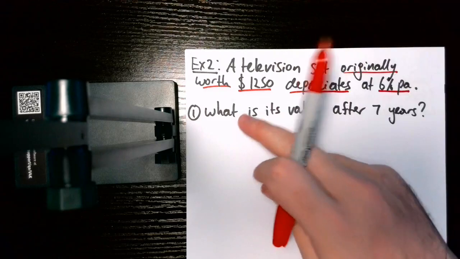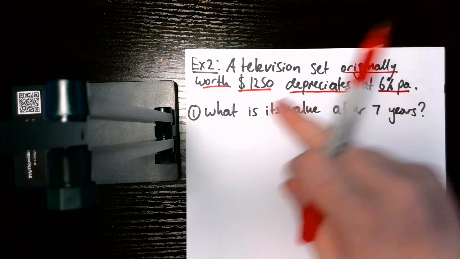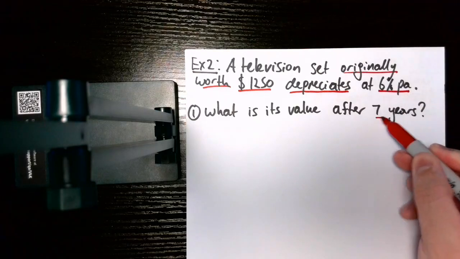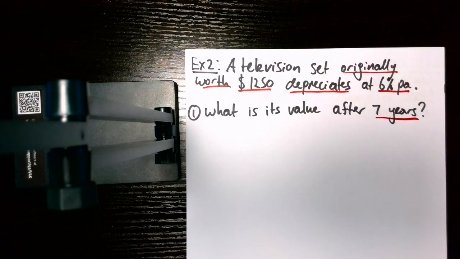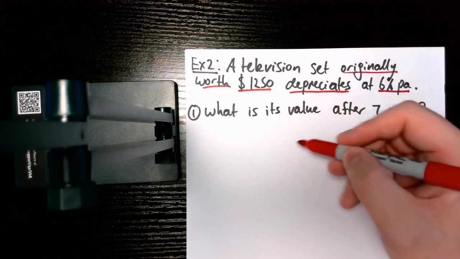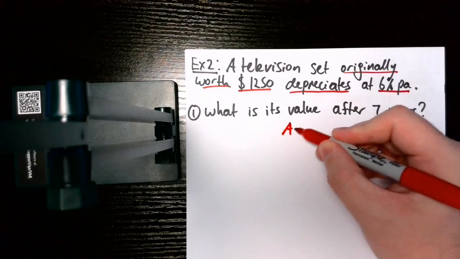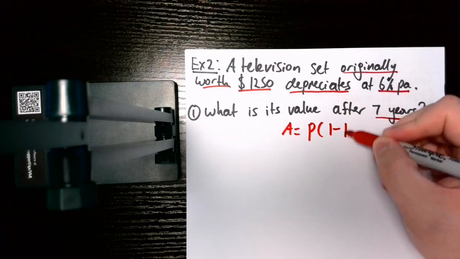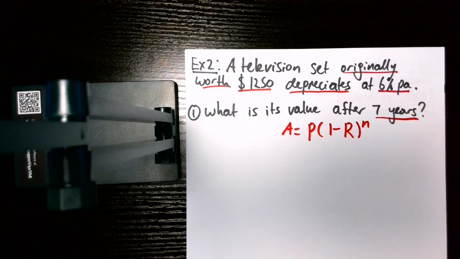Now let's have a look at this first question. It is asking us what is its value after 7 years. So that gives us our time period. So let's go through and set out what we're going to do for this question. We're going to be using the compound depreciation formula. So A is equal to P outside of 1 minus, remember the minus, R all to the power of n.